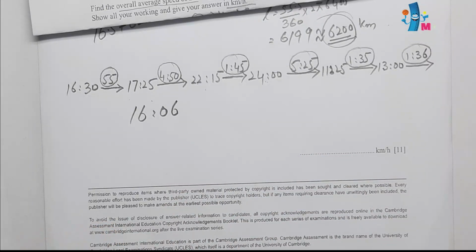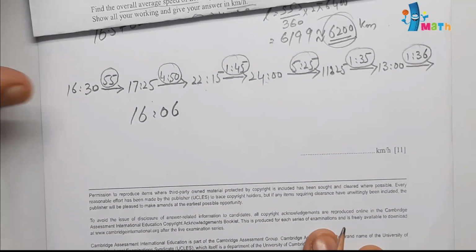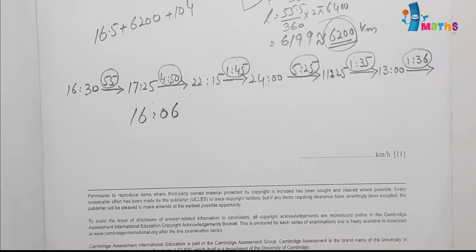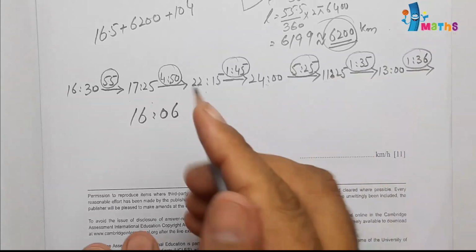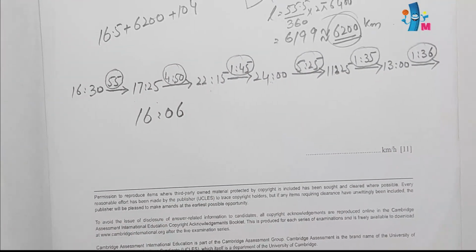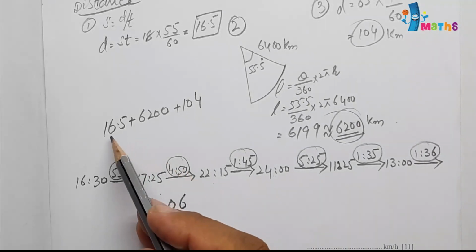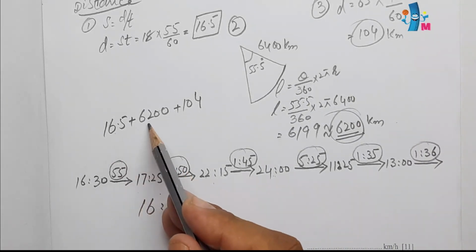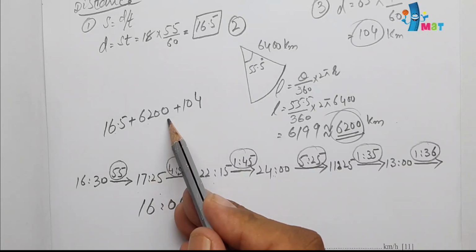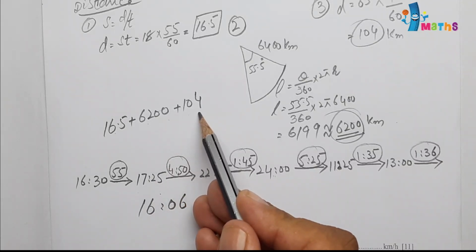So this is the time taken for the journey, and now we calculate the distance traveled. This is the distance which we have already added over here: 16.5 for the first portion, 6200 for the second portion, and 104 for the third portion.